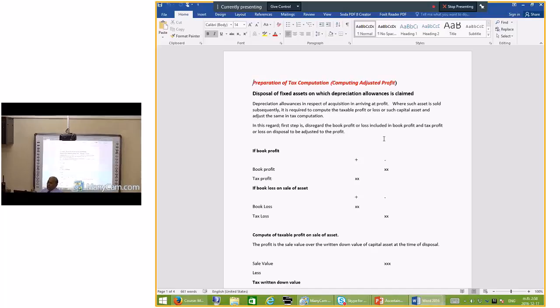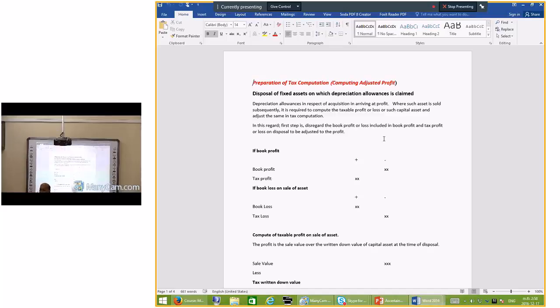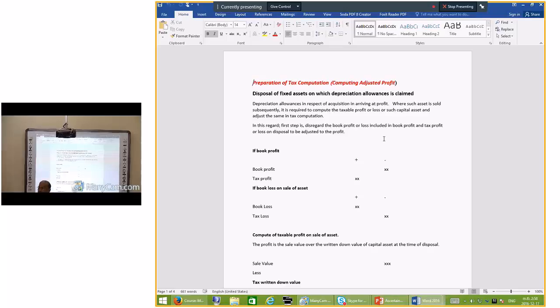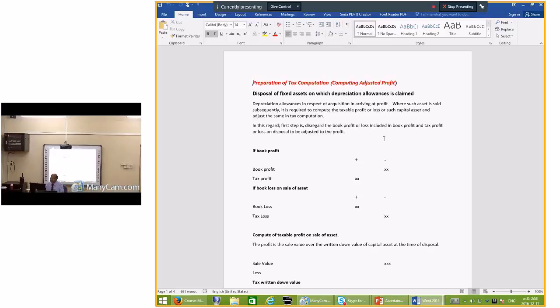We adjust the normal book loss or profit and allow the loss from the disposal as considered in the capital allowances. If any asset that is allowed capital allowances is disposed of, we have to compute the profit or loss from the disposal of capital assets. This is the way we compute such profit or loss.